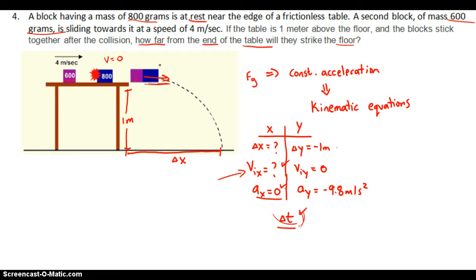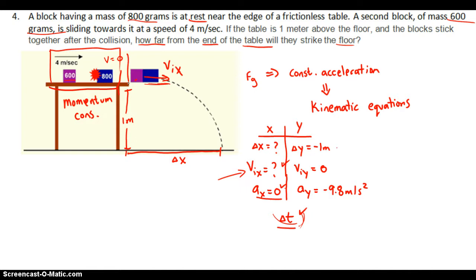That initial velocity is whatever velocity in the x direction it leaves the table at. So how are we going to find out what that is? Well, maybe the collision can help us determine what that initial velocity in the x direction is. So I'm seeing over here a collision, so I want to use momentum conservation to find what that speed is.